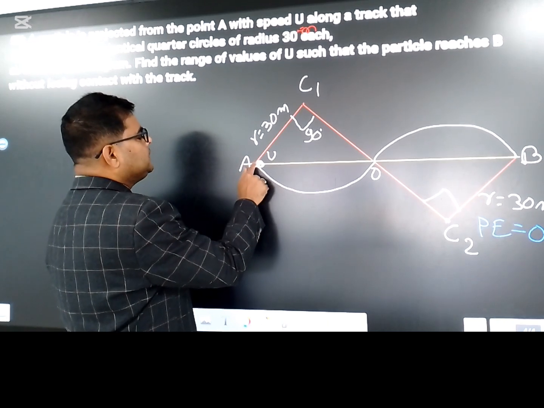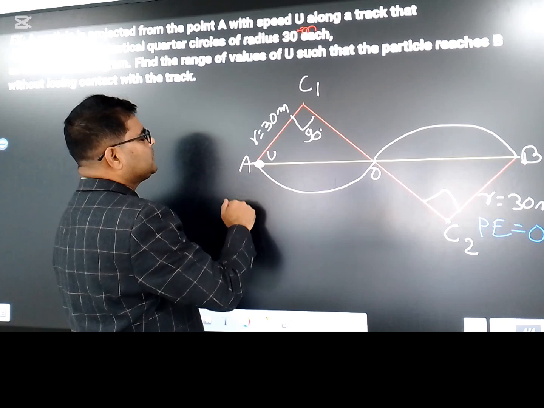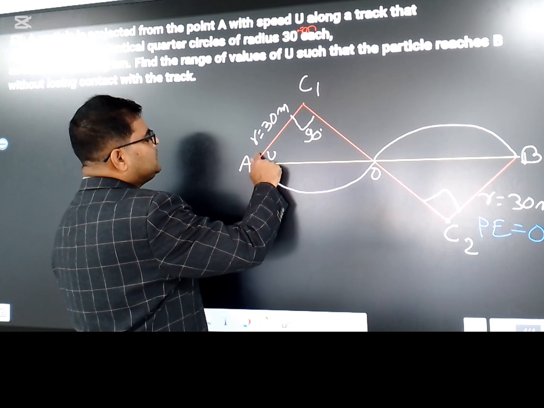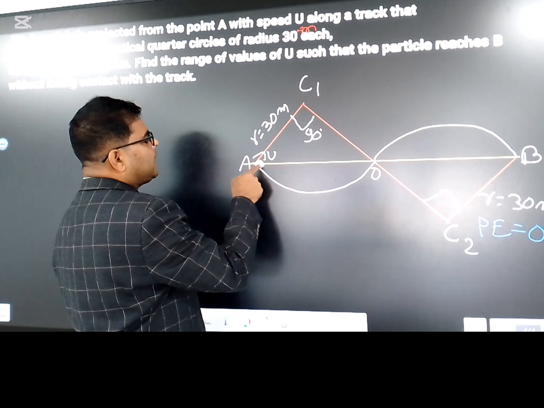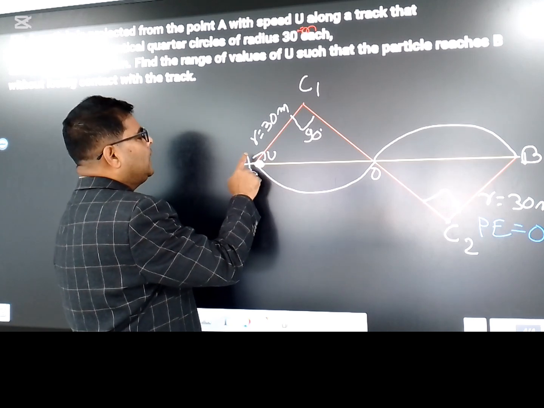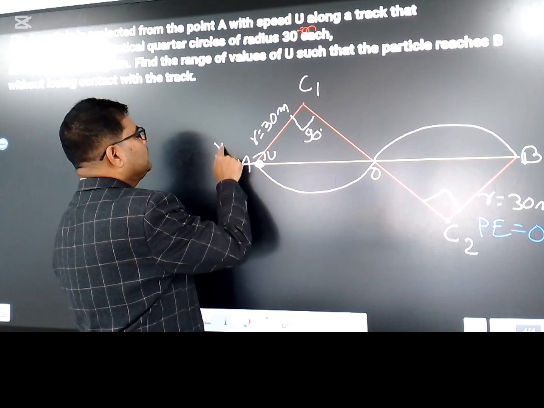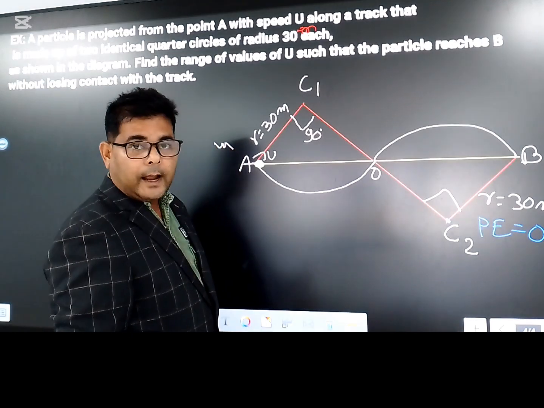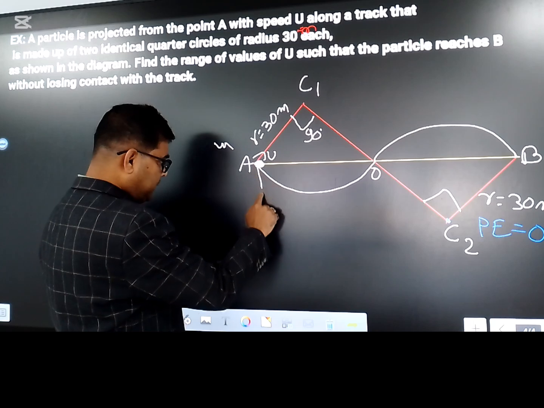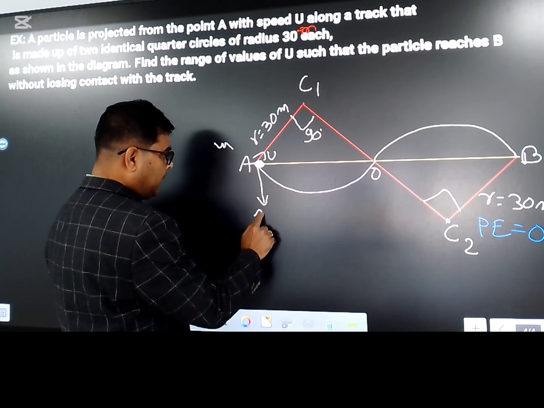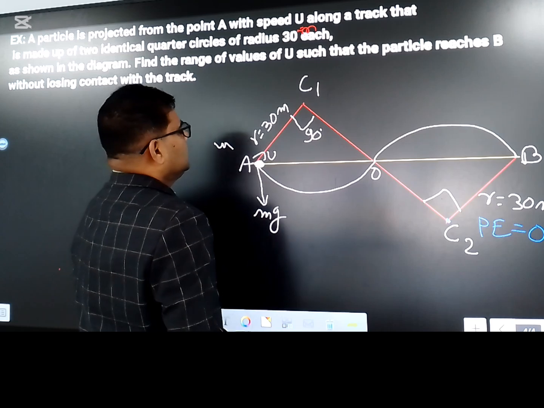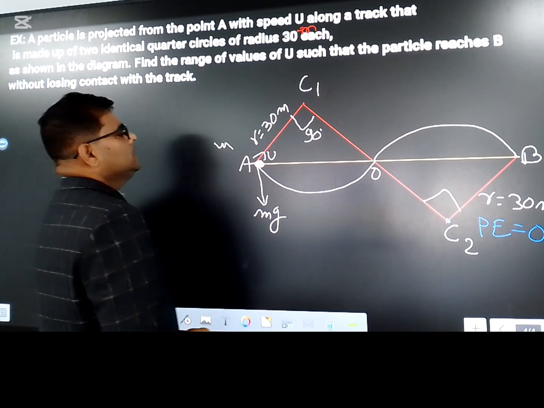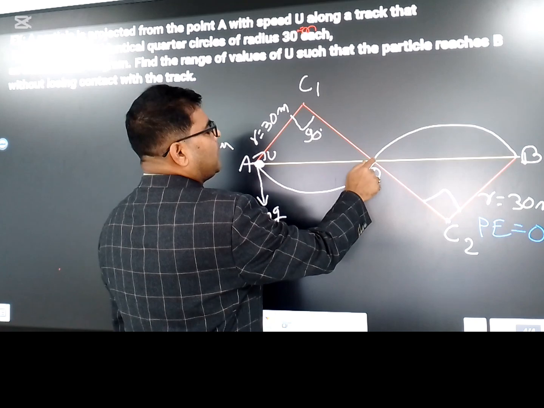If the particle is here at this point, it has been given velocity u. The reaction will always act normal to this surface, and because its mass is m, because of gravity it acts vertically downward as mg. Now we are concerned with finding the velocity at this point.